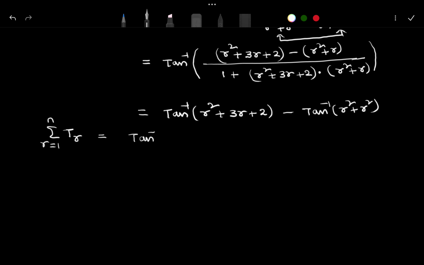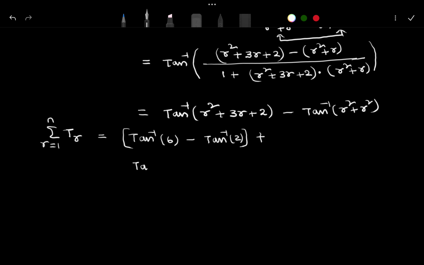Tan inverse of, with r equal to 1, you write 1 plus 3 plus 2, that is 6, minus tan inverse of 1 plus 1, that is 2. So this one is the first term, plus r equal to 2. If you write that, 2 squared is 4, 4 plus 3 twos are 6, 4 plus 6 is 10, 10 plus 2 is 12.